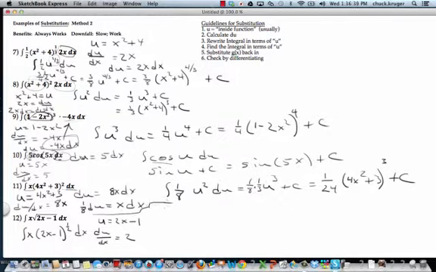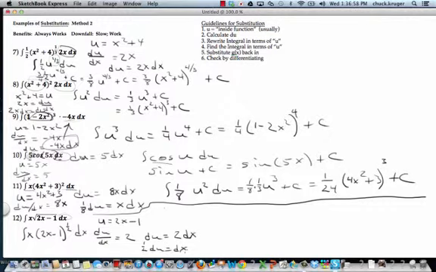Let me put a separation right here so we don't get confused. I have a dx, I don't have a 2 dx, so I can write 1/2 du equals dx. So wherever I see dx, I can put 1/2 du in.